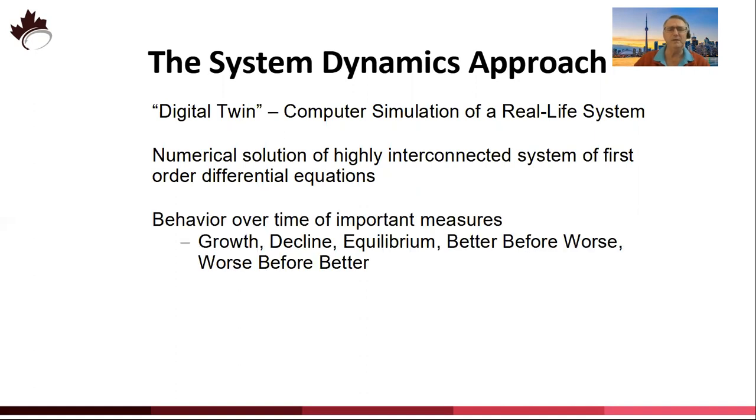And we look at behavior over time of the important performance measures, and these behaviors can involve growth, decline, equilibrium, and two other behaviors, which are better before worse and worse before better, which demonstrate the differences and the changes from the short term to the long term.